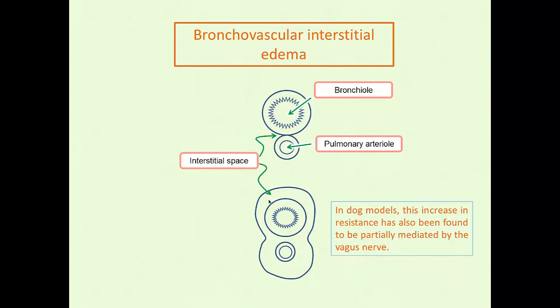They're salivating all the time, and there's secretions everywhere. For those of you dog lovers out there, this may be something unique to dogs, but in humans there certainly may be a neurohumoral component to increased airways resistance as well.